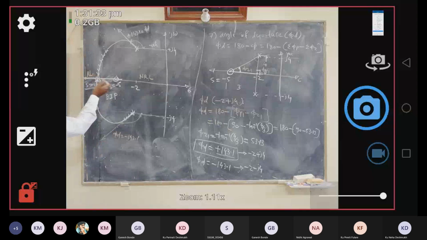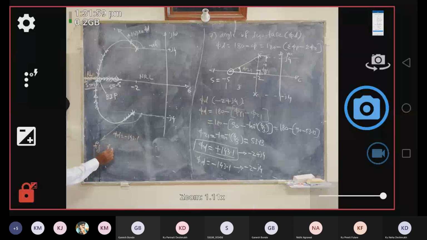So when it exceeds 16, one branch may terminate via this path to this open loop zero, and the second, एक जो भी branch रहेगी, it may terminate on infinity. So here via 180-degree angle of asymptote, it may terminate on infinity, and yet one branch is terminating at the zero. So this is the figure for root locus of the given problem.